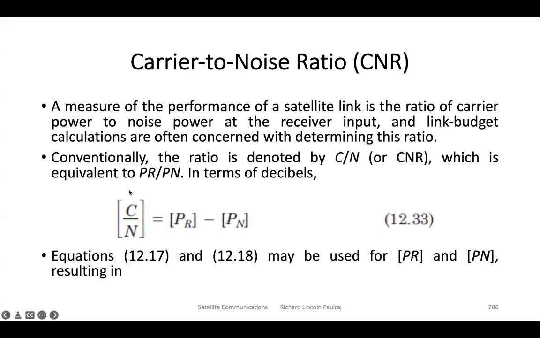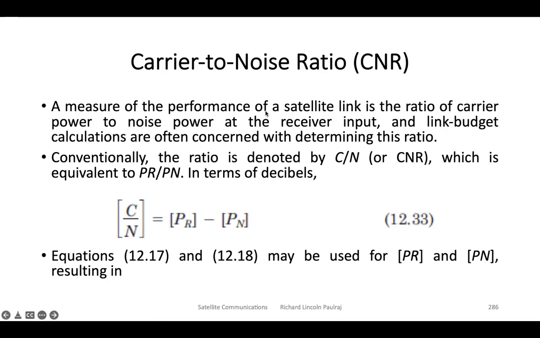Now we'll be dealing with noise power and receiver power, PR, and we'll be seeing a few more CNR concepts with respect to uplink and downlink. Separately we'll see uplink, and separately downlink, and then we will have something called combined CNR, which has the uplink and downlink together.